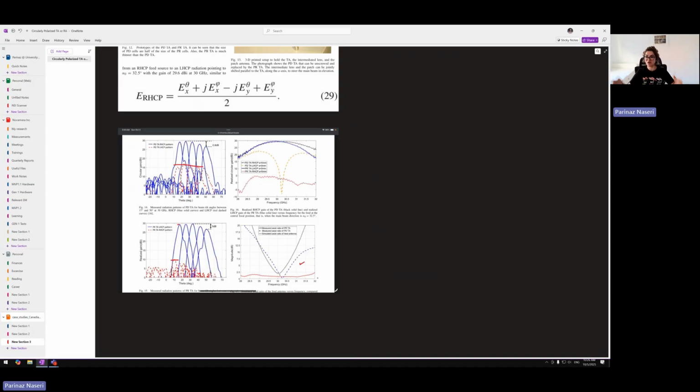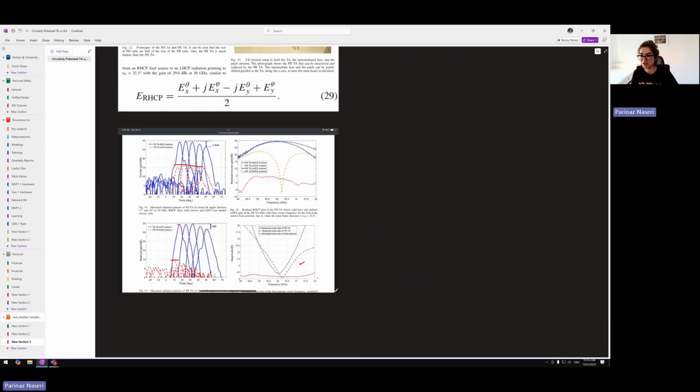So you see, even if you have a cheap circularly polarized horn or feed, the PR, the phase rotation array, can help you to have a great circularly polarized wave on the other side. When I say on the other side, it might mean the same side for the reflection coefficient too.